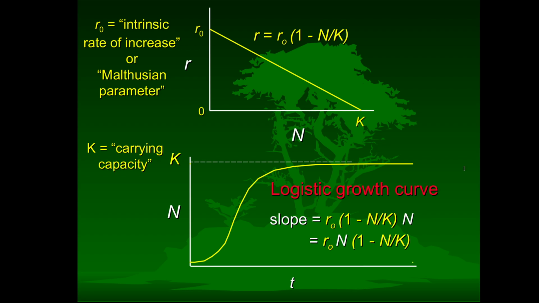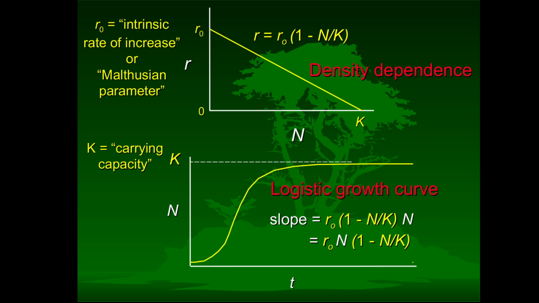And this reduction in r as n increases has a name. It's called density dependence. So in other words, little r, the per capita rate of increase, is dependent on the density of the population, or an individual's average fitness depends on the density of the population.